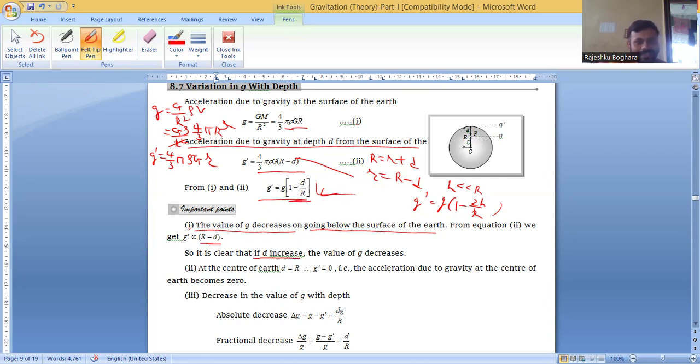If d increases, the value of g decreases. With height also, as height increases, g decreases, and as depth increases, g also decreases. So g is maximum at the surface of the earth. Now at the center of the earth, d equal to R, then g dash equal to 0. The acceleration due to gravity at the center of the earth becomes 0.